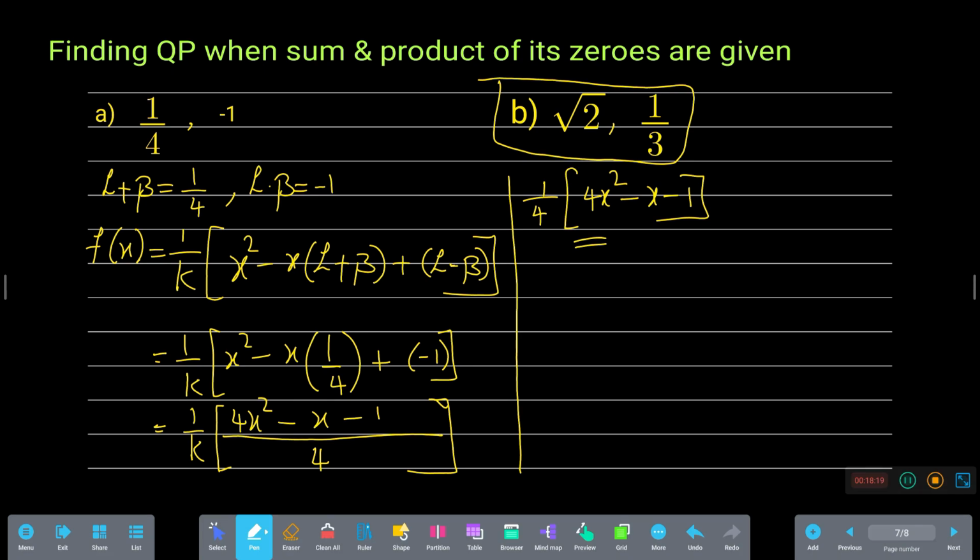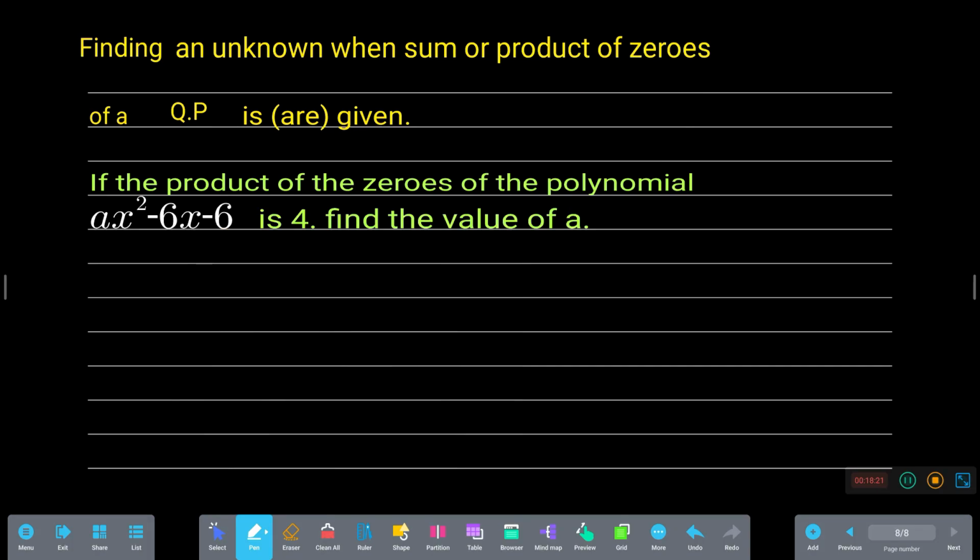Okay. And the last concept, finding an unknown when the sum or product of zeros of a quadratic polynomial is given. Question is, if the product of the zeros of the polynomial ax square minus 6x minus 6 is 4, find the value of a. Here, the product of the zeros is given as 4.